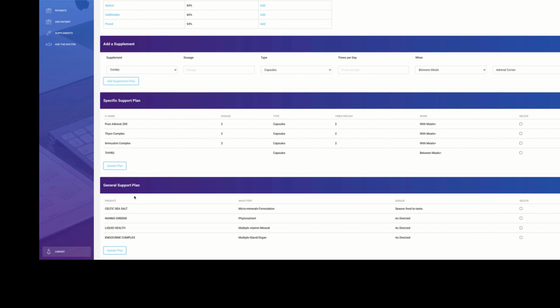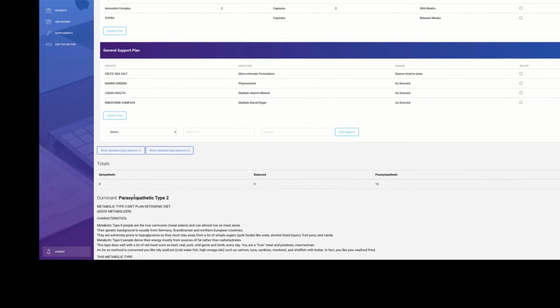You can take one of these that I have here and discontinue it or delete it and add your own products in. So the program is based to help you with whatever supplements you feel comfortable with. I'm not recommending any supplement company specifically, but I use one of the product lines that I feel is the best. So with that being said, let's go on down.